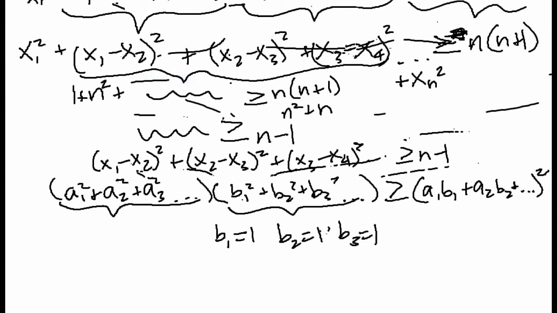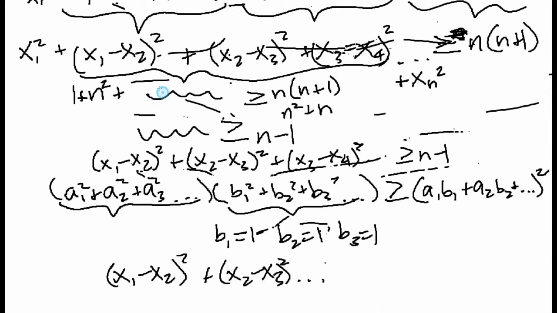So if all the b's are equal to 1 and we multiply both sides of this expression by a sequence of 1s, we get x1 minus x2 squared plus x2 minus x3 squared, multiplied by, for each term, 1 plus 1 plus 1 plus 1, which is equivalent to the b's. And what's that greater than or equal to?